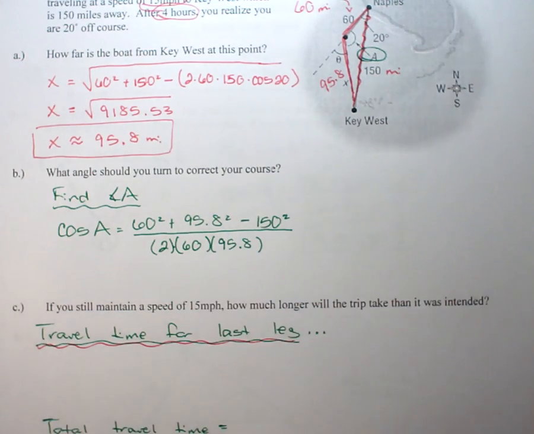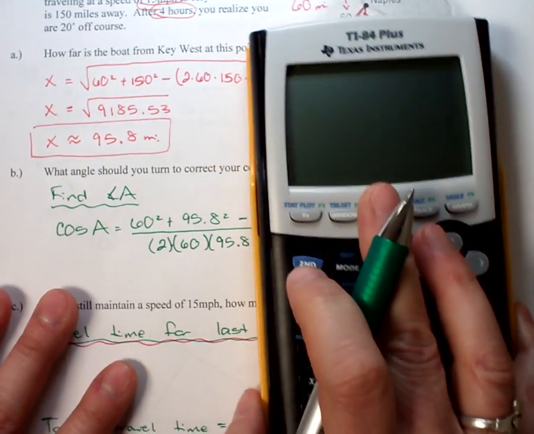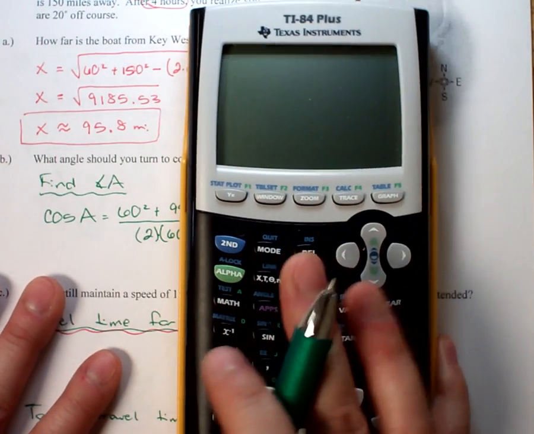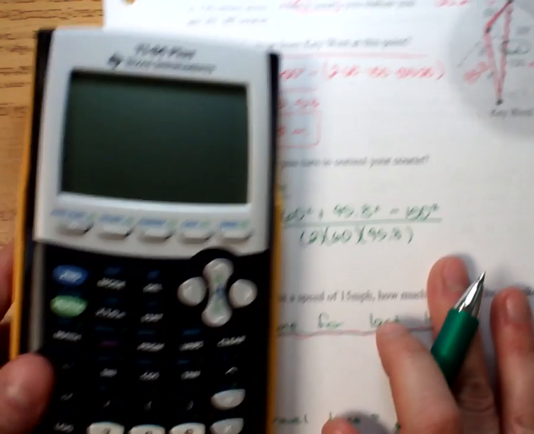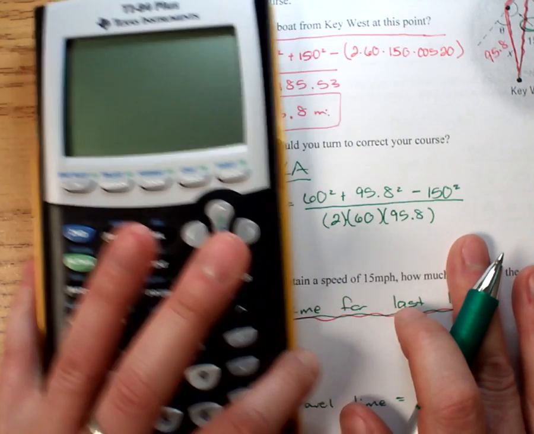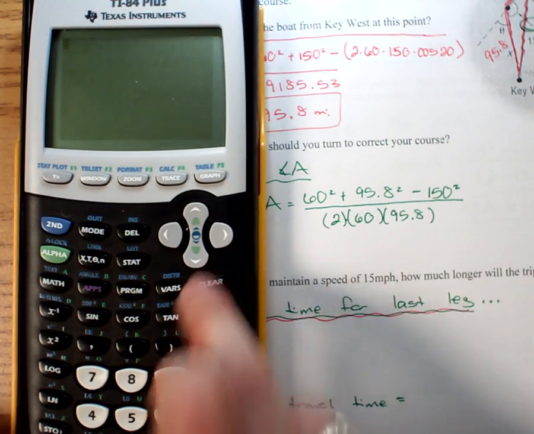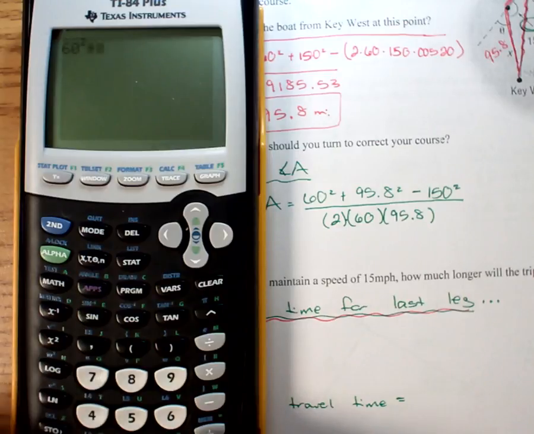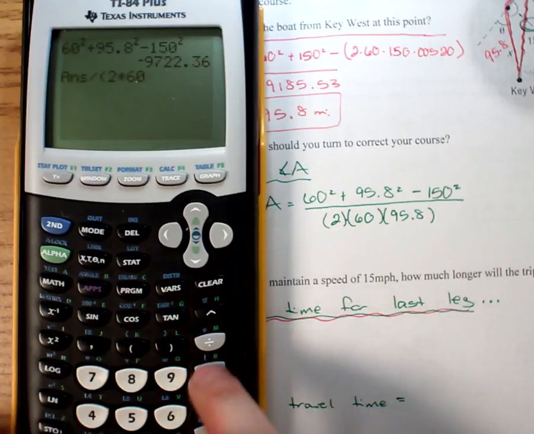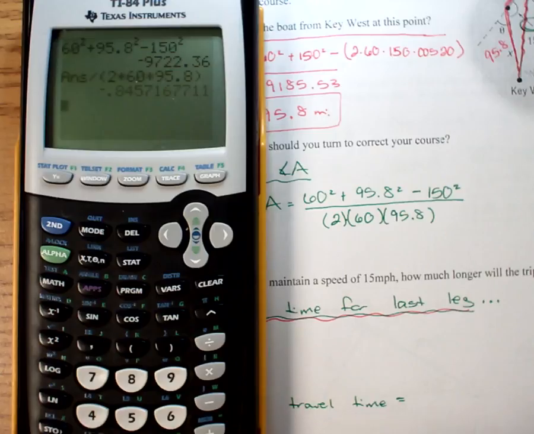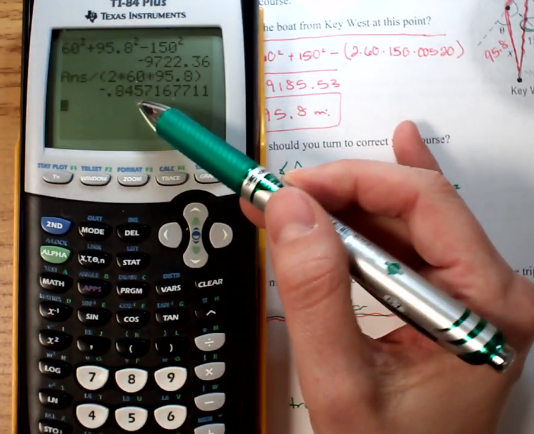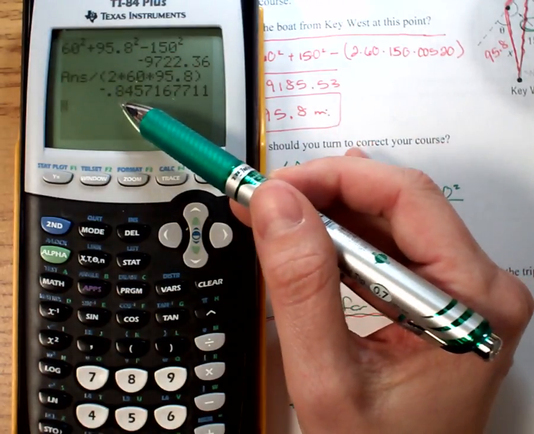We can type all of this in our calculator, and this one is going to give us something a little bit unique. So I'm actually going to go ahead and type this whole one in the calculator so you can see what happens, because it awesomely connects back to what we did before. So I got 60 squared plus 95.8 squared minus 150 squared. Divide that by 2 times 60 times 95.8. And at this point, you might be thinking, whoa, why is that negative?